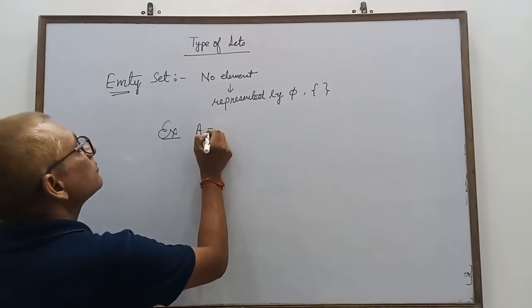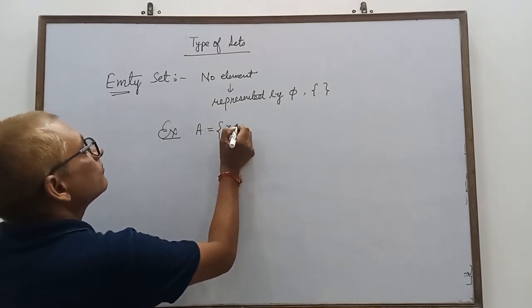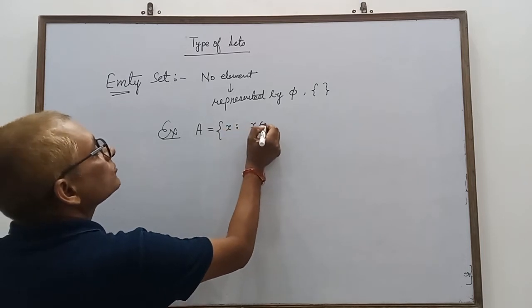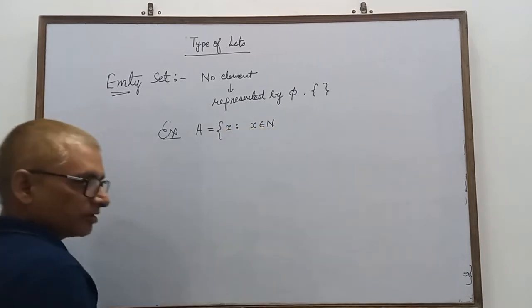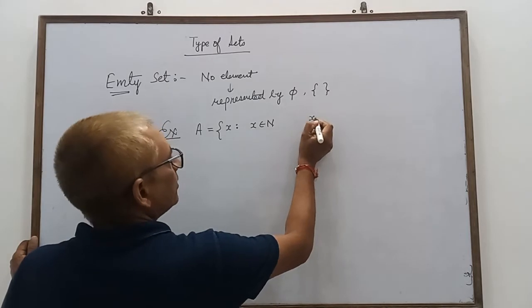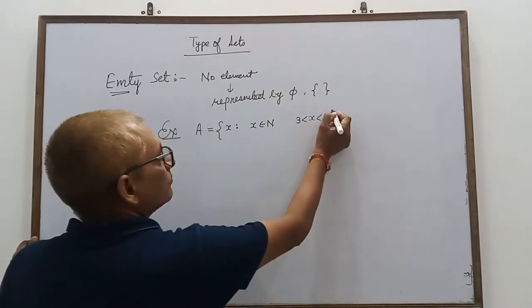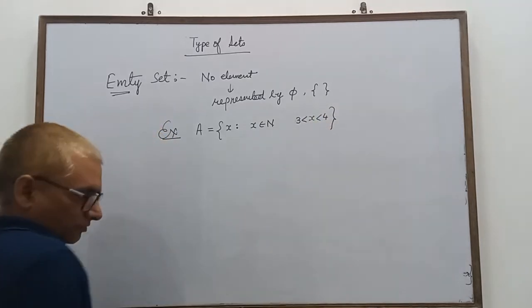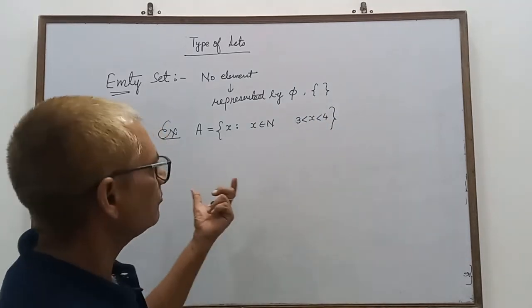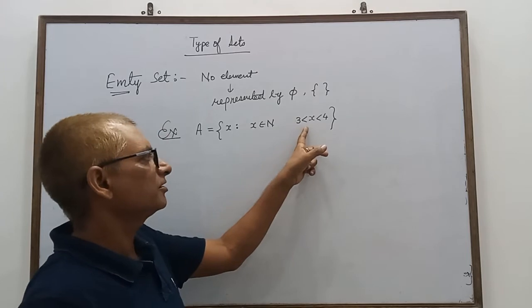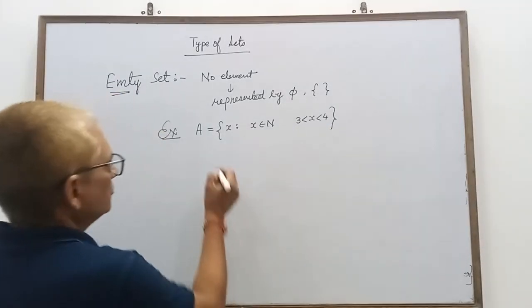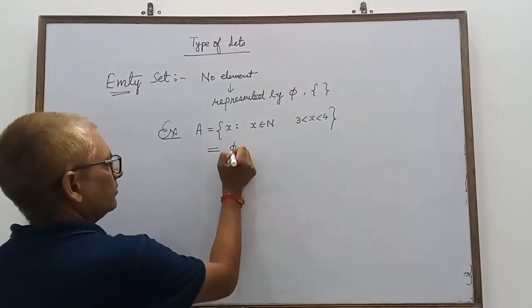A is a set such that x belongs to N, x is a natural number, less than 4 and greater than 3. Any natural number which is greater than 3 and less than 4 does not exist. So A is phi.